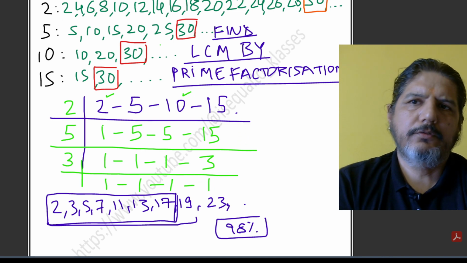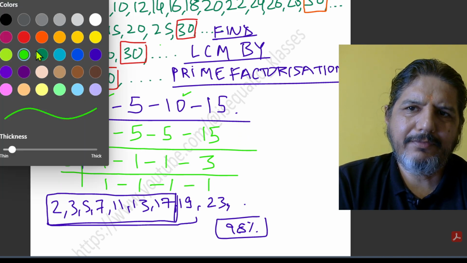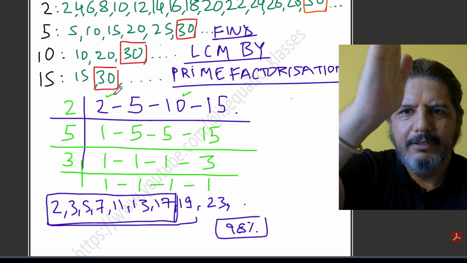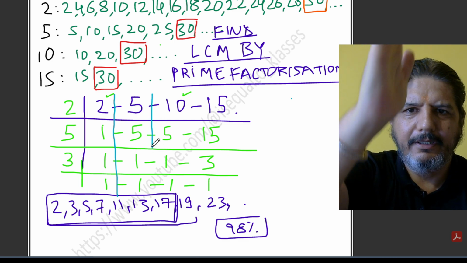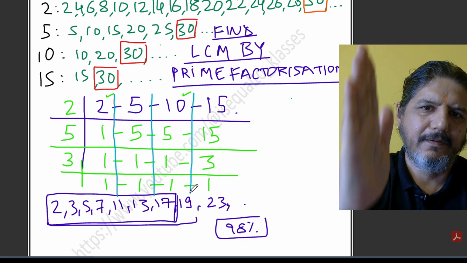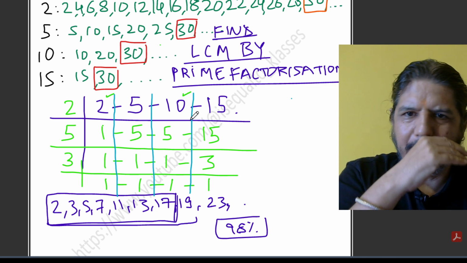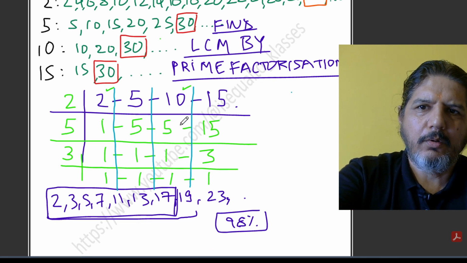Now what I suggest to students is that if they do this method properly, write the numbers one below the other in a symmetrical fashion. Write it like this. Don't write zigzag. Otherwise, you'll make a mess of the process that you are following. Now, what will be the LCM?